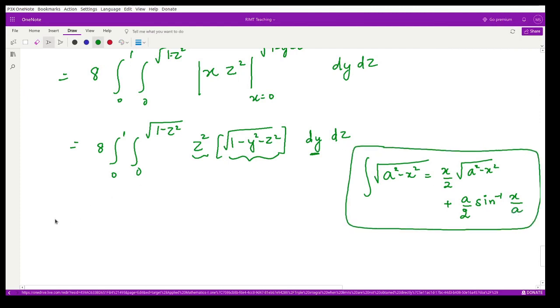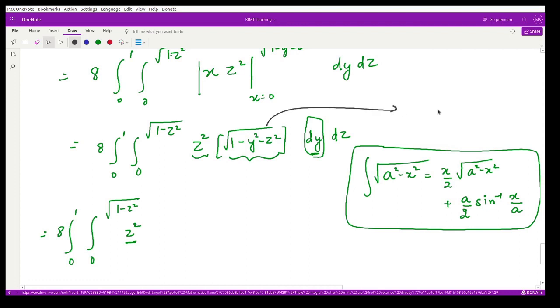We'll use the same formula for y here. What would be this? Integration from 0 to 1, from 0 to square root 1 minus z square as such, because this is constant with respect to y. So we can write this term to be 1 minus z square minus y square. So that means this becomes your a square and this becomes your variable square root. So in this case, what is your formula? Your formula becomes y by 2 and the square root as such, 1 minus z square minus y square, and then plus, the variable, plus a by 2.